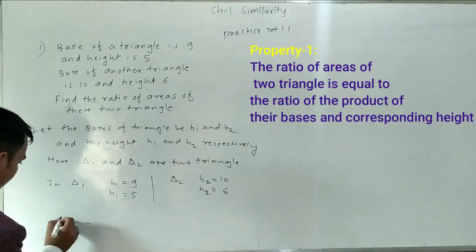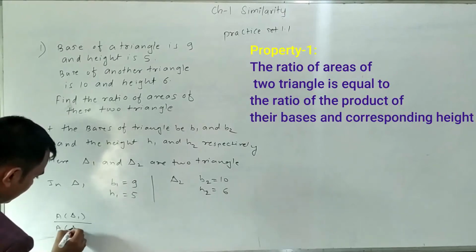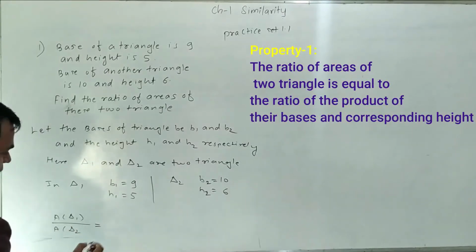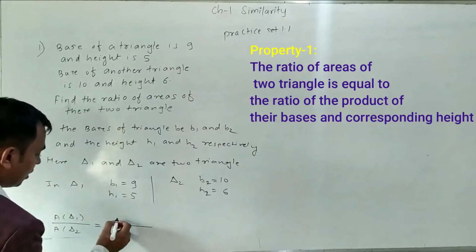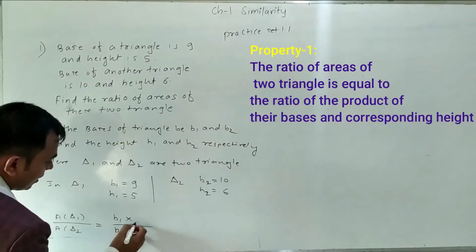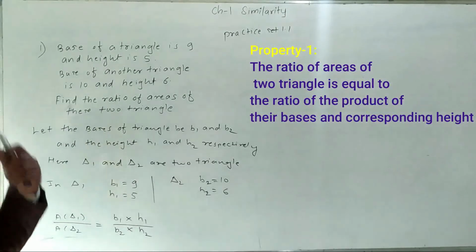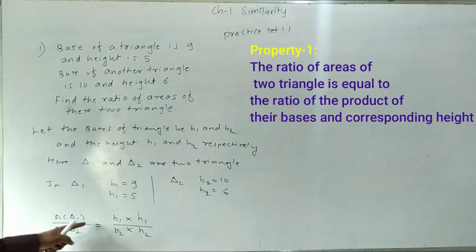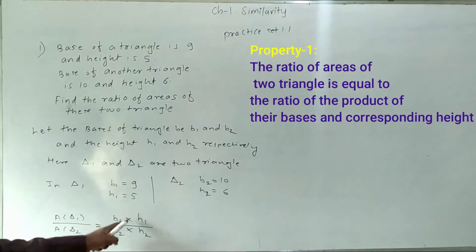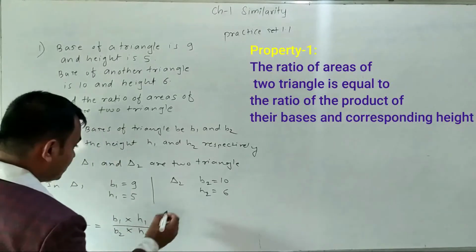The ratio of area of triangle 1 and triangle 2 is equal to the ratio of the product of their bases and corresponding heights, as per property 1. Ratio of area of two triangles is equal to the ratio of the product of their bases and corresponding heights. So put the value, get the answer.